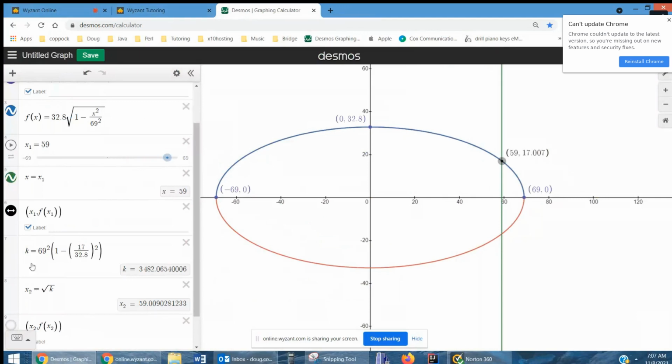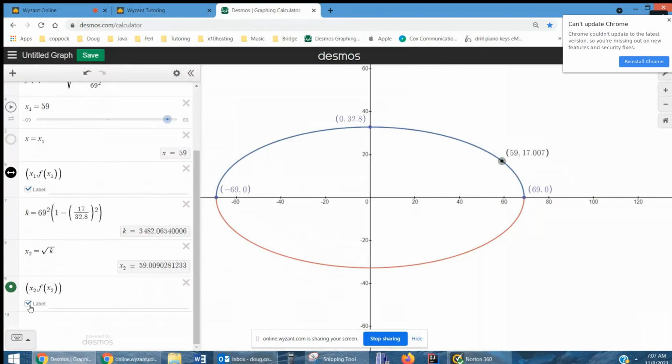So I've kind of indicated it here, that it looks like when x sub 2 is 59.009, the height is 17. And if I change this to minus, I'm over here at negative 59.009.